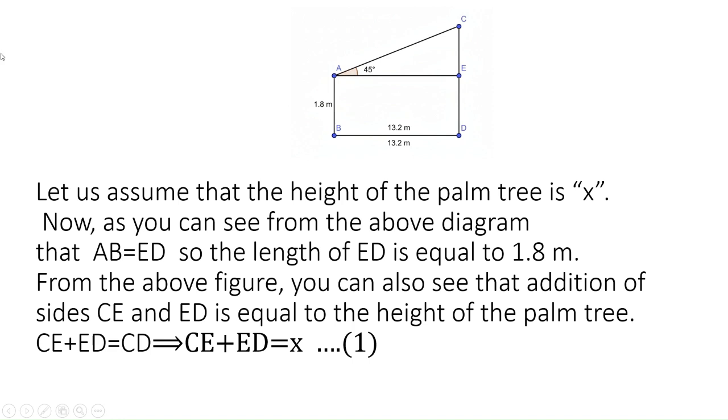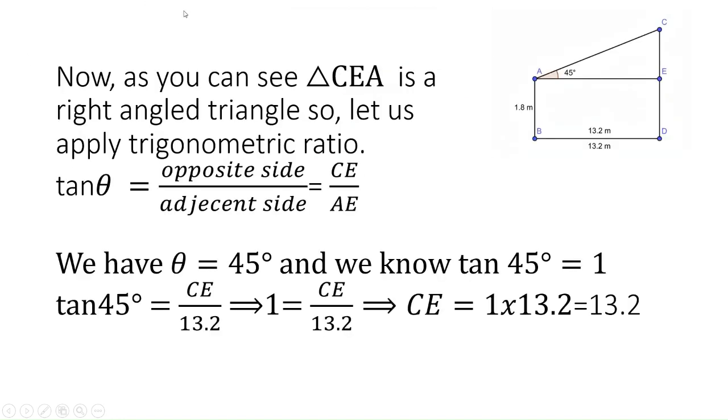Now, if you see, triangle CEA becomes a right angled triangle. Okay, so we have already taken the ED value as 1.8 meters. Now we need the CE value to find out the height of the tree.